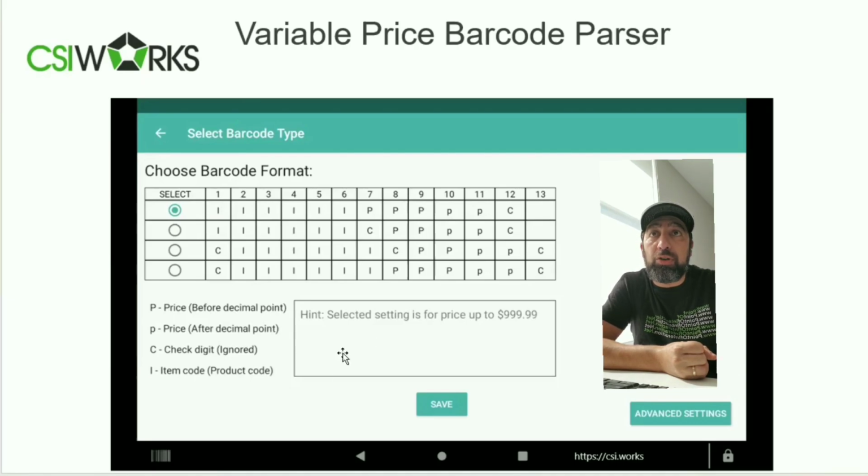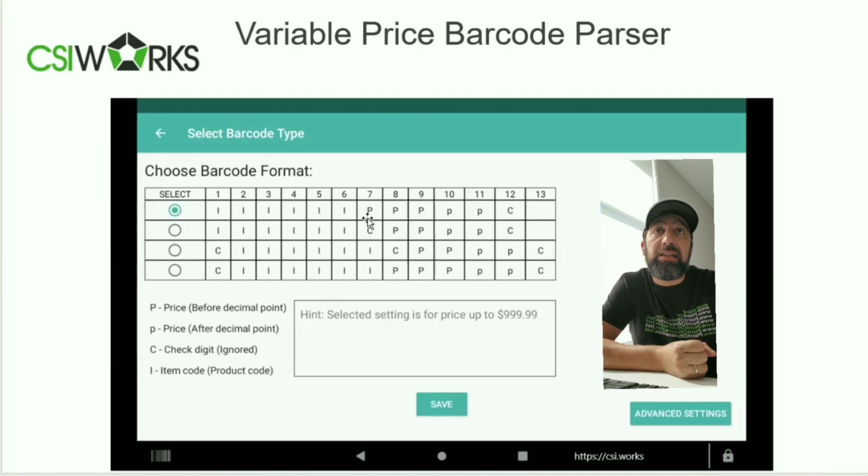There's some coding involved, which is basically the letter I means that this position of a barcode will represent the product code or item code. In this option, what we're saying is that 1 through 6 is your product code, and 7 through 9 is your price. You can see it's a capital P representing the price before the decimal point, like dollars.